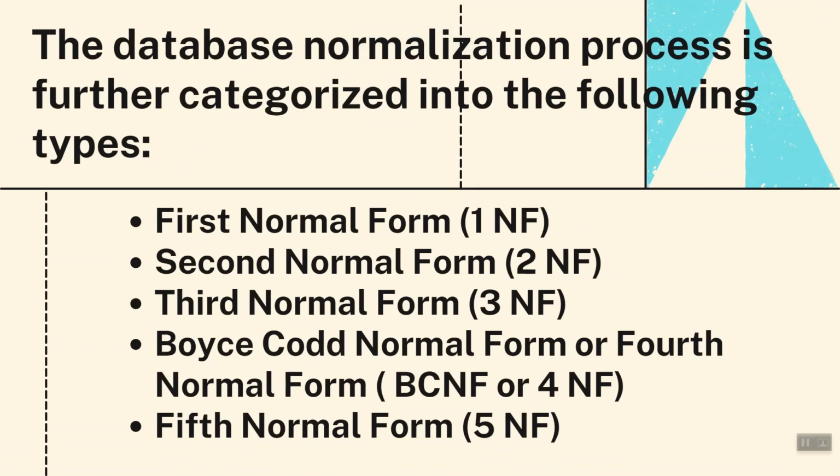First normal form, eliminate repeating groups. Second normal form, eliminate partial functional dependency. Third normal form, eliminate transitive dependency. Fourth normal form, eliminate multiple values dependency. Fifth normal form, eliminate join dependency.